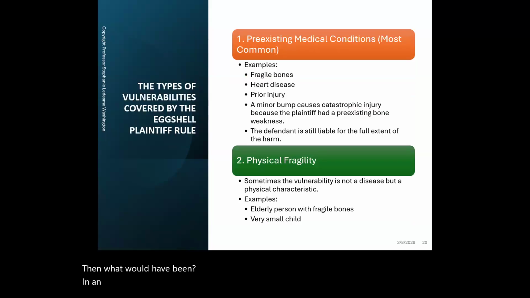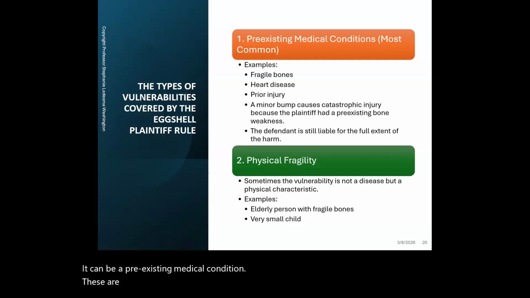Okay, so let's look at the scope. We're going to go 4 inches deep, right? Number one, what type of vulnerability? It can be a pre-existing medical condition. These are examples just to illustrate.